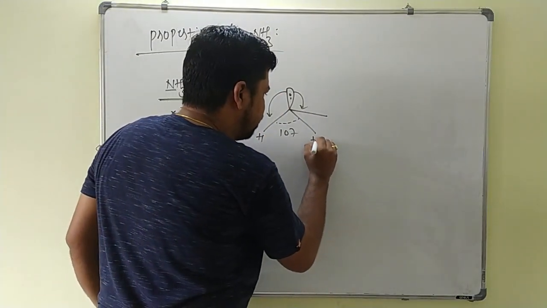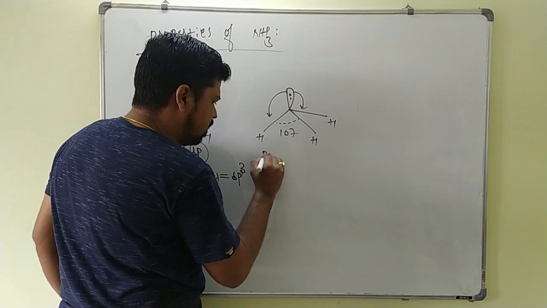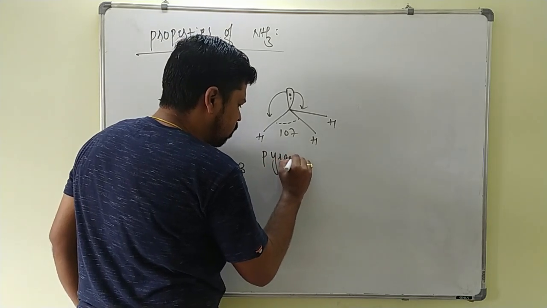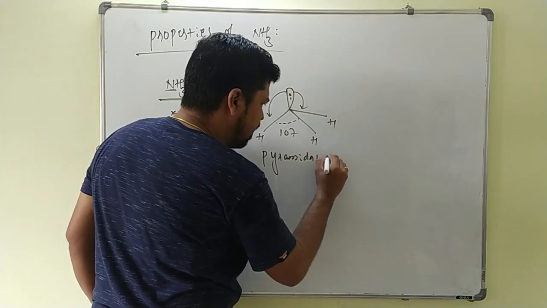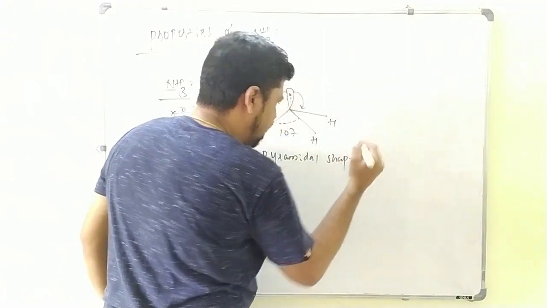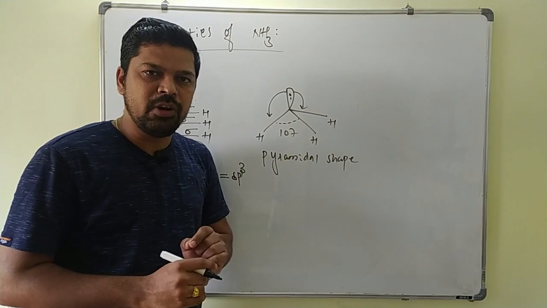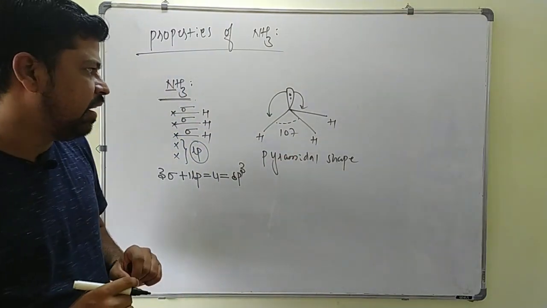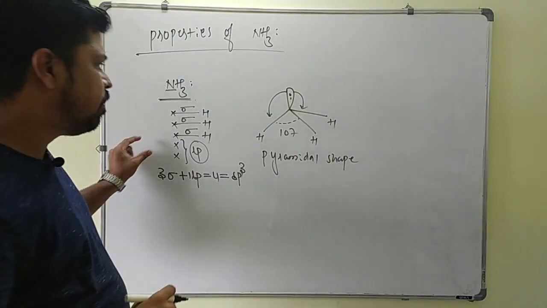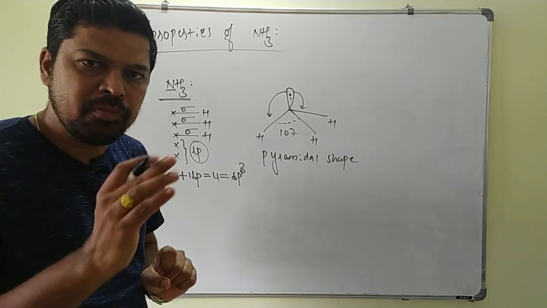These are the 3 hydrogen atoms. So this ammonia molecule has pyramidal shape, its hybridization is sp3, and the bond angle is nearly equal to 107 degrees. Okay, this is the shape and hybridization of the ammonia molecule.